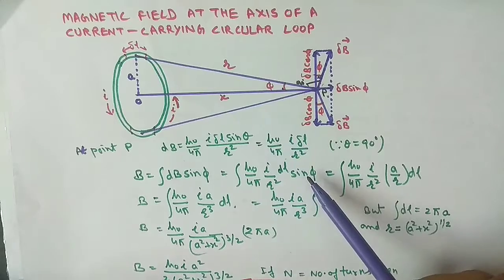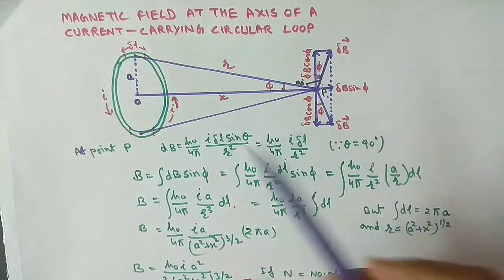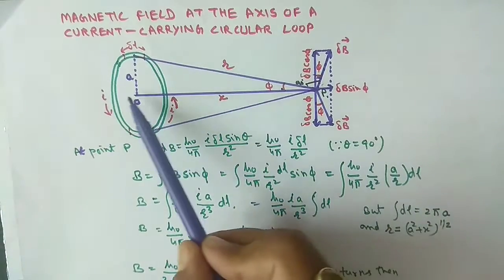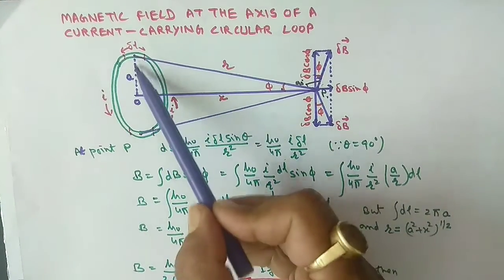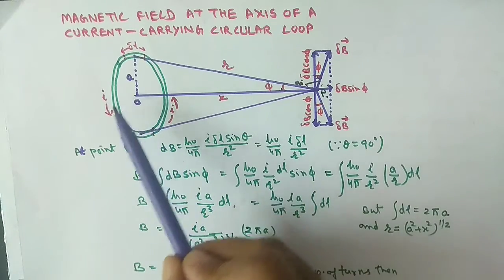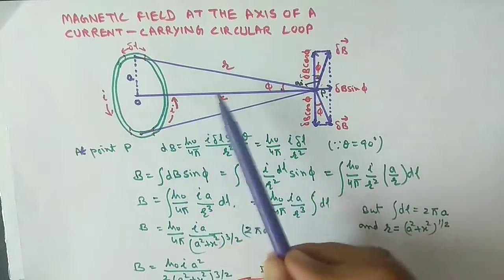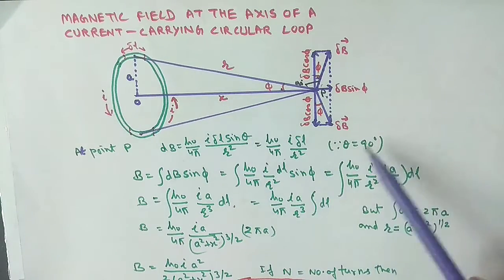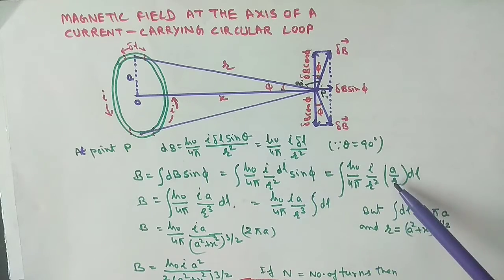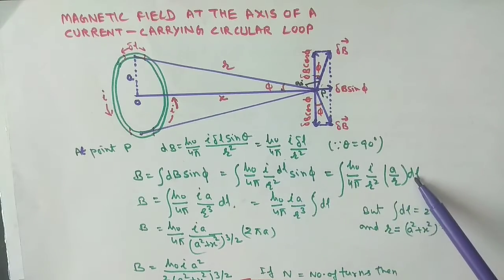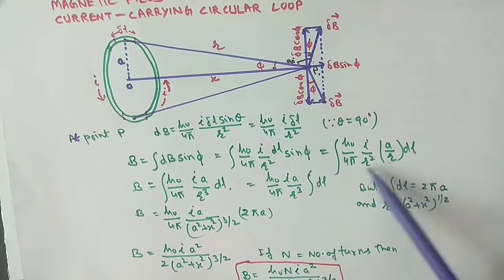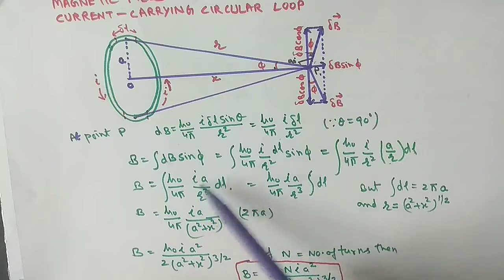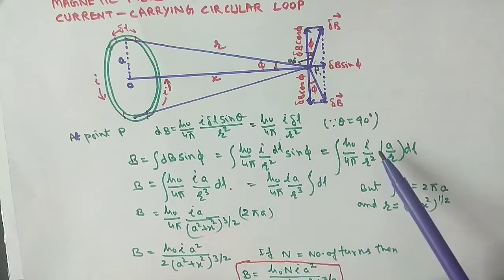Now from this diagram, because this is a triangle with 90 degree, this is the hypotenuse, this is the base, this is the perpendicular, so sine phi is equal to a upon r, perpendicular upon hypotenuse. So it becomes r cube: mu naught upon 4 pi I a upon r cube dL.